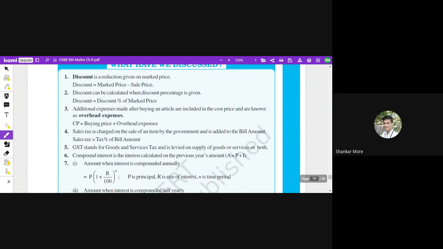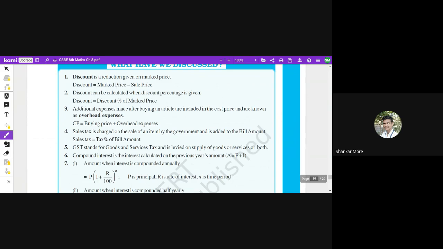But when the dealer has bought the bike, that will be costing him, let us suppose, 2,000 rupees.